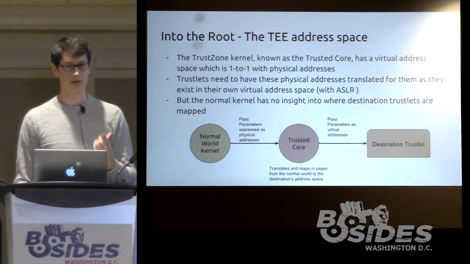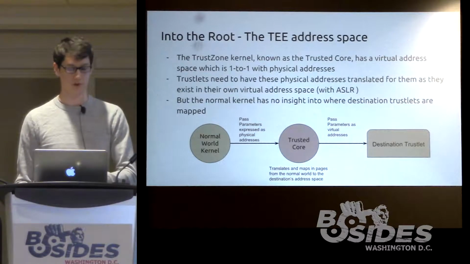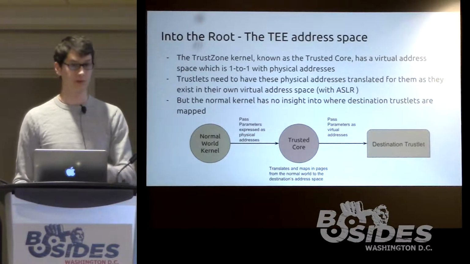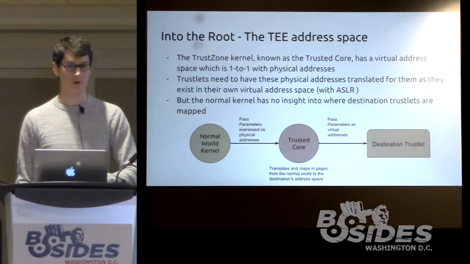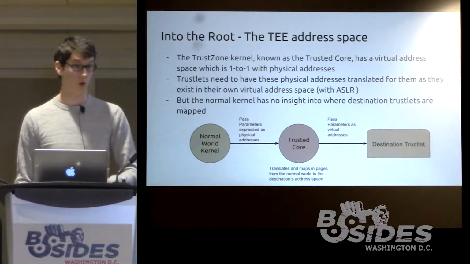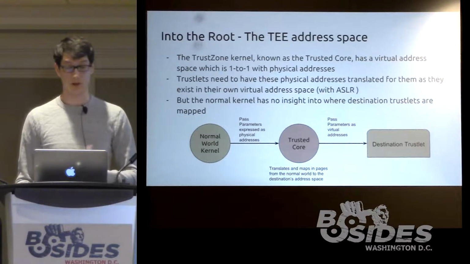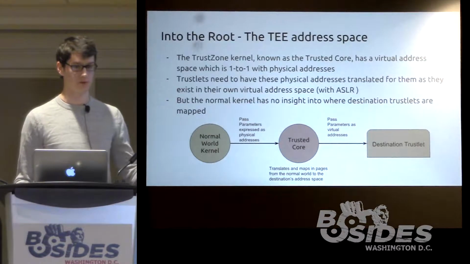And then it's going to take that physical address and map it into the destination trustlet's address space. Now, this also becomes tricky because the destination trustlets exist in their own address space as well, with ASLR. So just like your kernel and your userland apps in the normal world, your destination trustlets also operate on virtual addresses that they don't know the physical addresses for. So you need this middleman, the trusted core, to take the physical addresses and convert them.